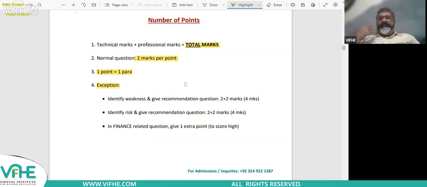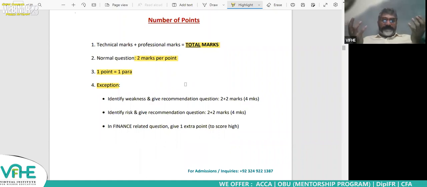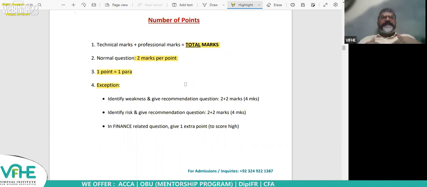Identifying the weakness and talking about its consequences is 1 point worth 2 marks. And then when you give a recommendation to solve that problem, that will be considered as another point worth 2 marks. So total 4 marks. So if you identify one weakness and give one recommendation for it, collectively they are worth 4 marks.